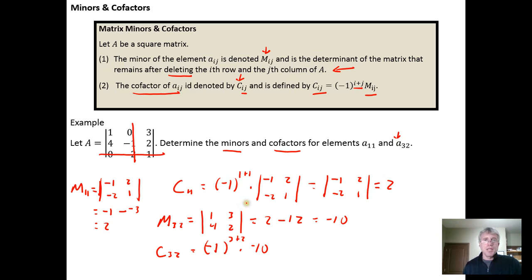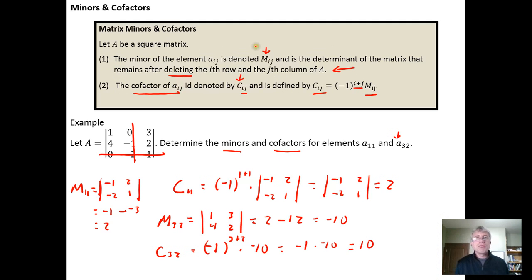So we multiply by the minor of that entry in the matrix. So 3 plus 2 is 5, so -1 to the 5th power is going to be -1 times -10, and we just get a 10 out of this. So that's how you calculate them.